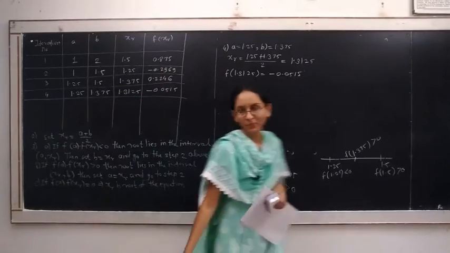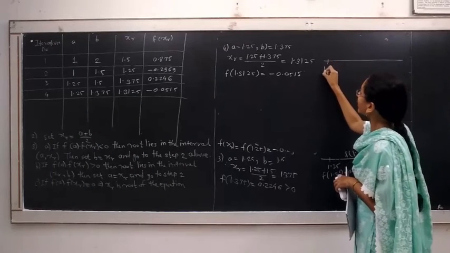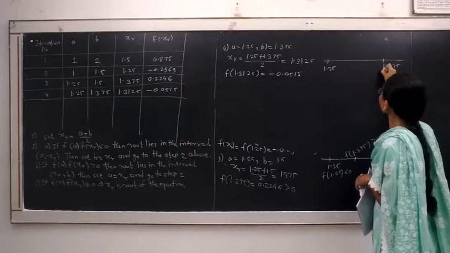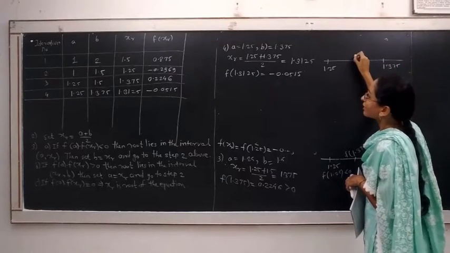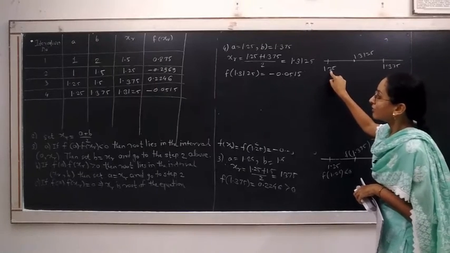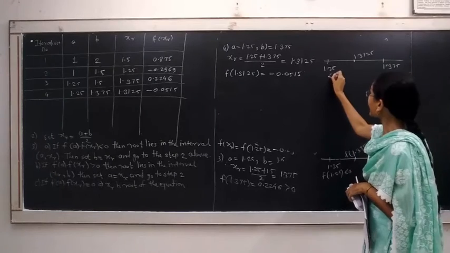In this iteration, we have taken values of A and B as 1.25 and 1.375. In between them, the value is 1.3125. But for this value A, f of A is negative, less than 0.